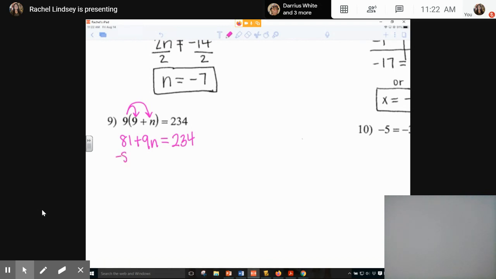Subtract 81. So I have 9n equals what? And then what's my last step? Divide by 9. So n equals 17.